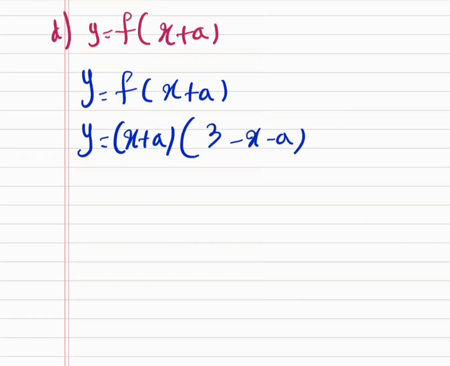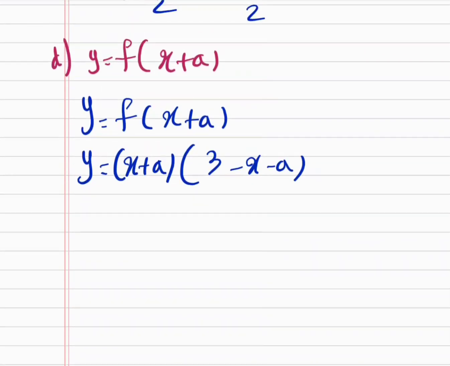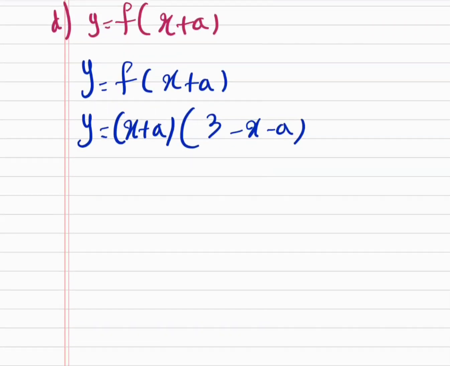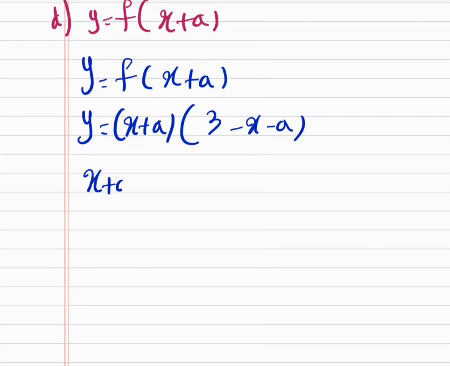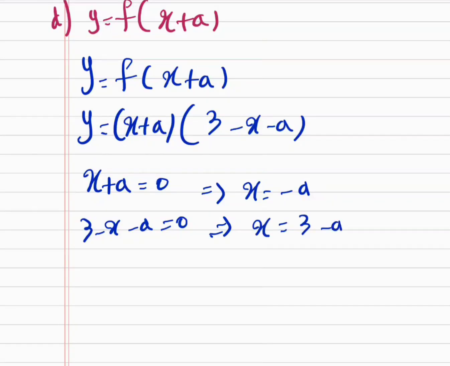Now, we want to find the roots because we want to know the x-intercepts of this curve. So either the first bracket is equal to 0 or the second bracket is equal to 0, which means x is either equal to minus a or x is equal to 3 minus a.